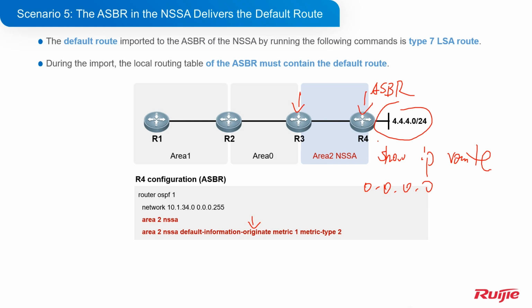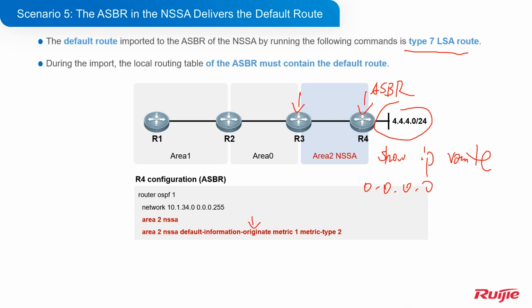And R4 is actually an NSSA area device. So when R4 delivers the default route, it will generate Type 7 LSA routing information, because for an NSSA area we generate Type 7 LSAs.